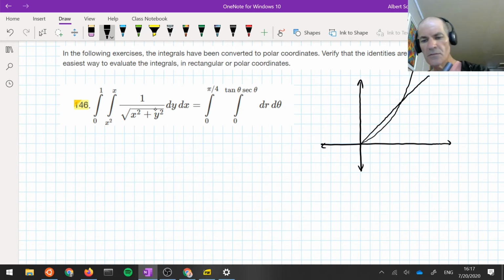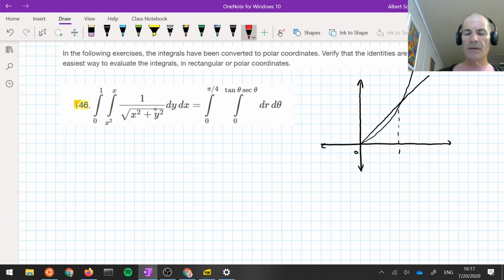So it's this very thin piece of graph. And we're going from x equals 0 to 1. So if you smash this down, you're going to get 0 to 1 here. So we're talking about this segment in here. I guess I'll shade it in.